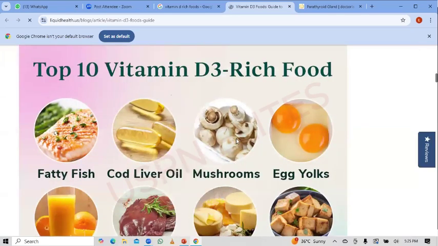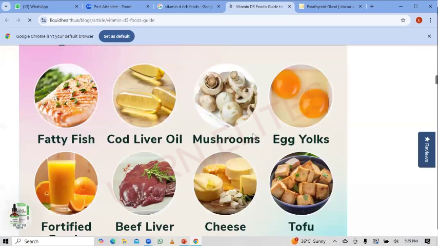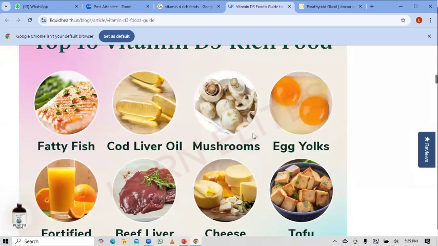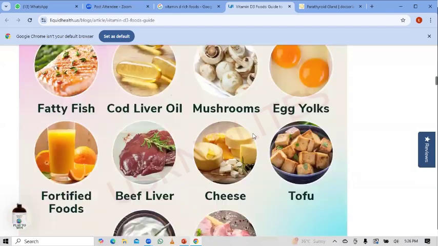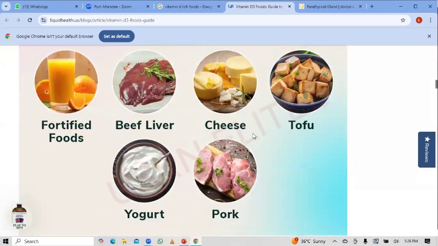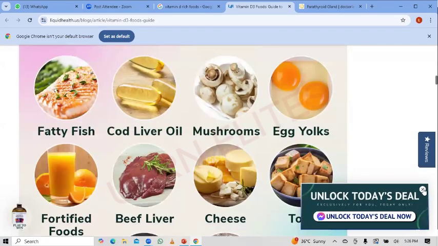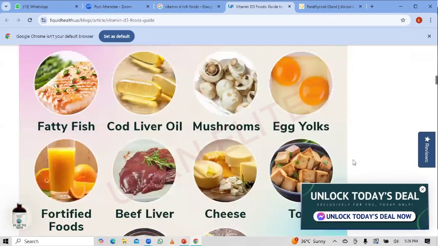So these are examples: fatty fish, cod liver oil, mushrooms, egg yolks, fortified foods, beef liver, cheese, tofu, pork, and yogurt. All these foods are rich in vitamin D.